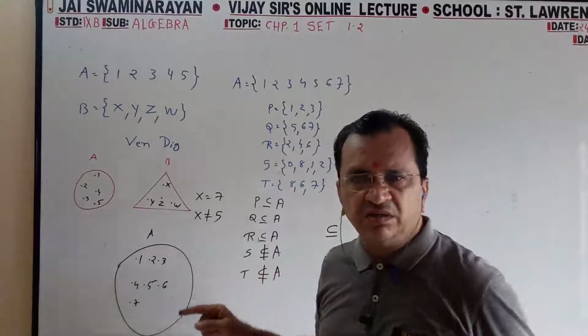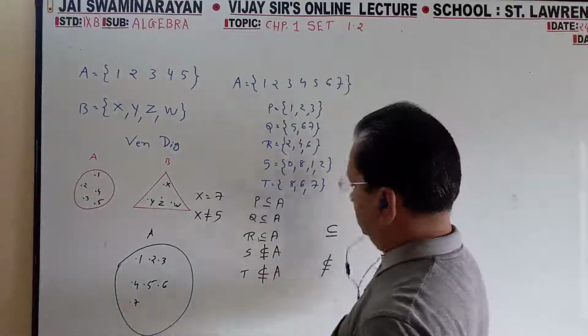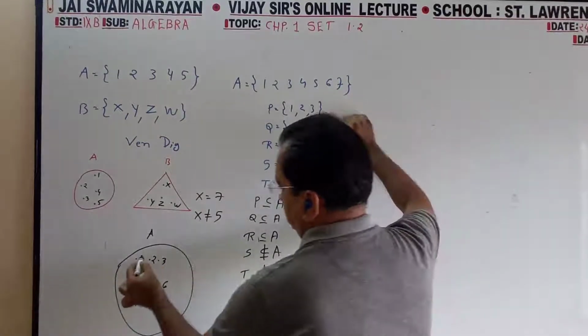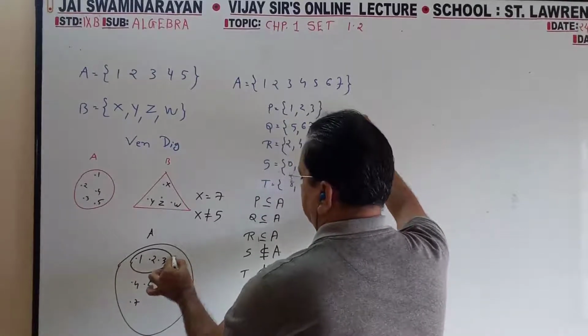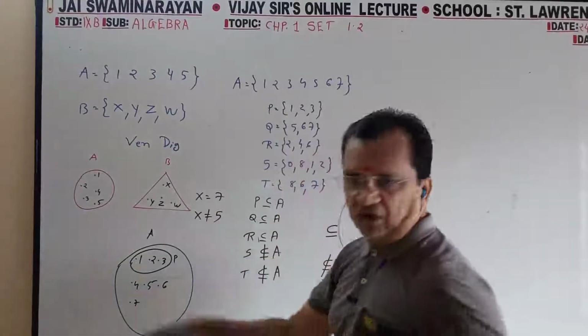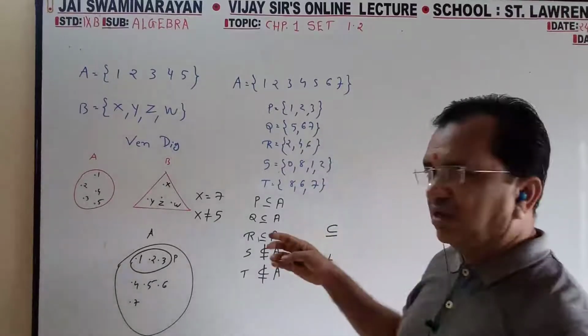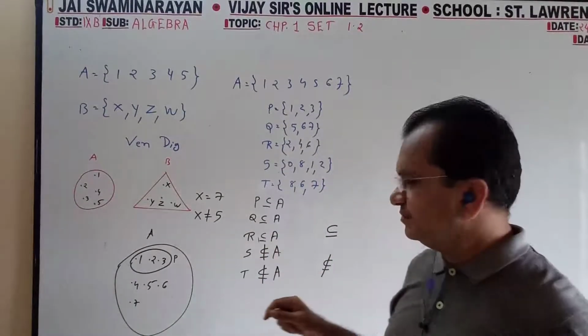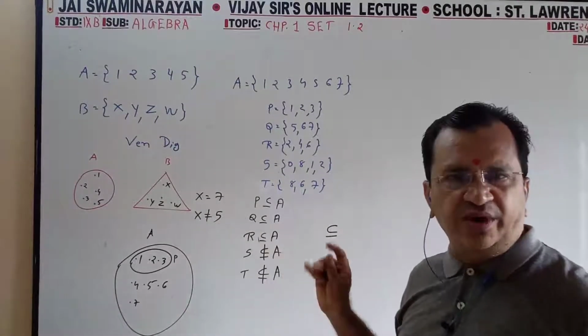Now 1 to 3, you can draw this one more. So that is P. So P is a full part of A. P is a part of A. So like that it is included, excluded.